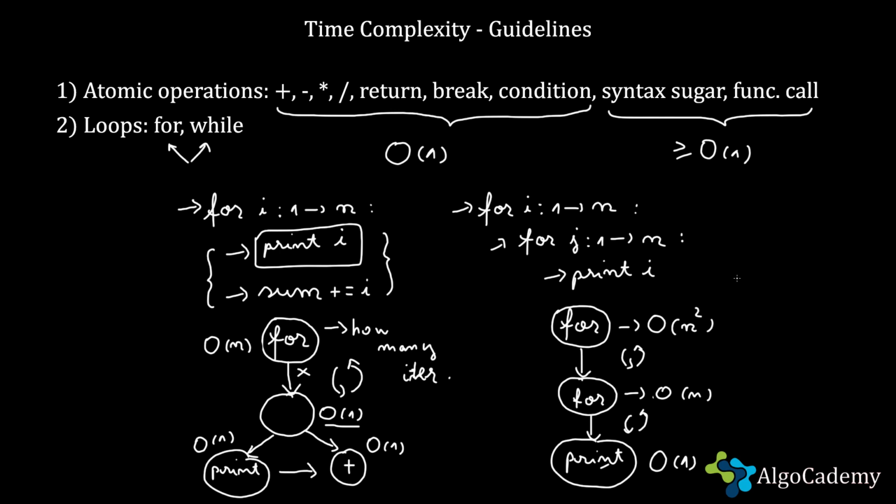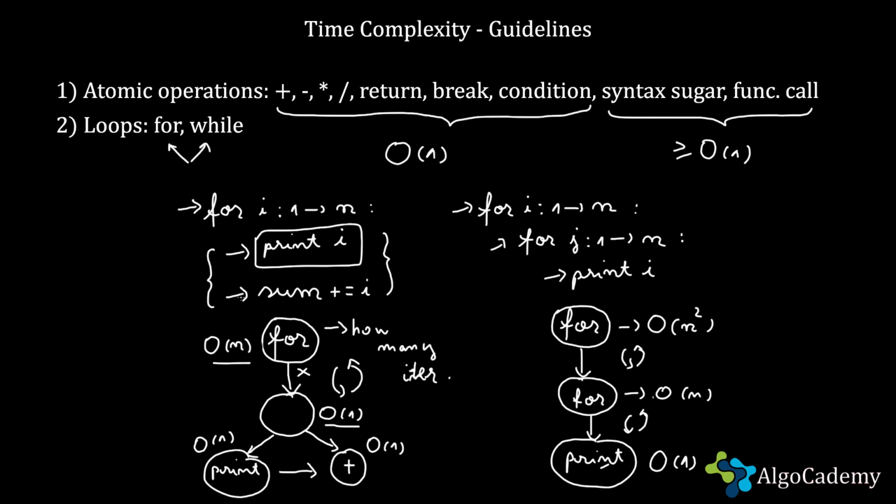So the three rules that we have learned in these two examples are: the first one, we always start from the bottom, compute the time complexity of those nodes, which are initially leaves, and then compute the time complexity of their fathers and so on and so forth until we hit the root, where we will have the final time complexity of the algorithm.